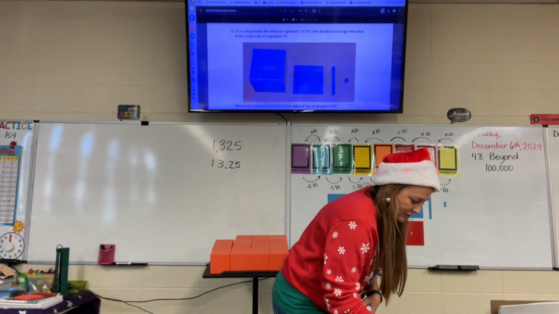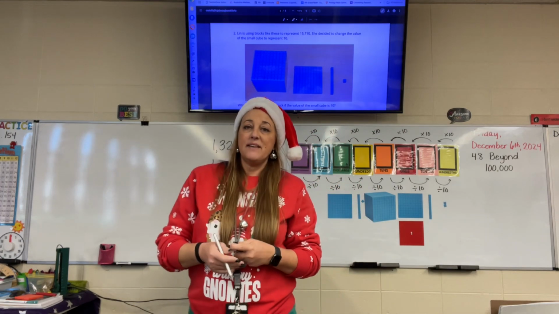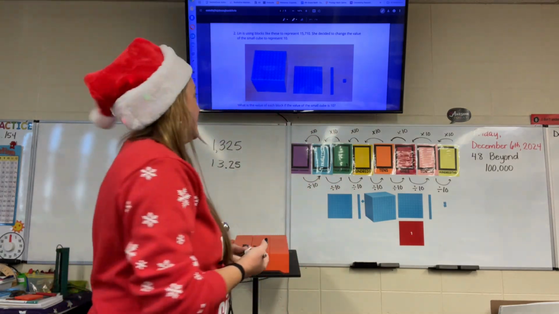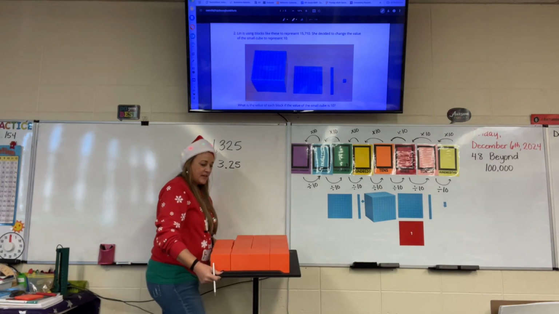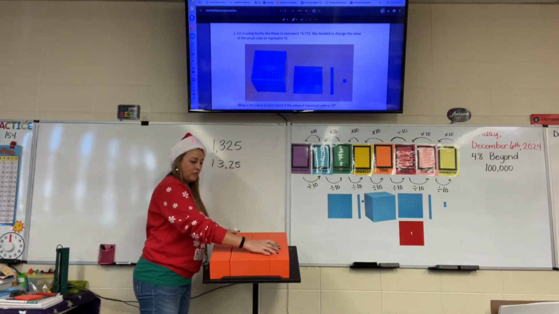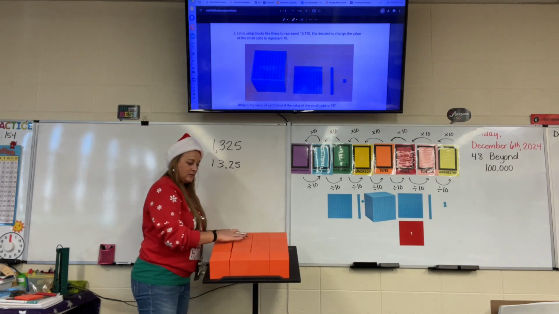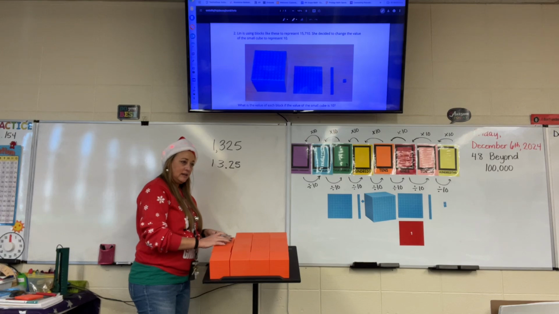Says Lynn is using blocks like these to represent 15,710. Okay, so I've set this up where I've got 1, 2, 3, 4, 8, 12, 13, 14, 15 of these.